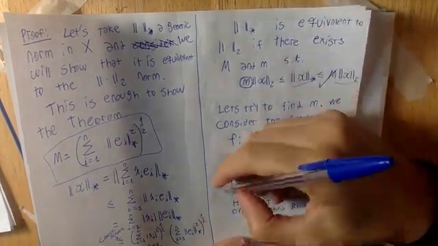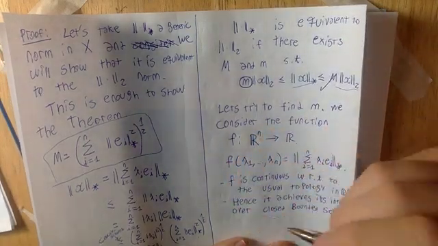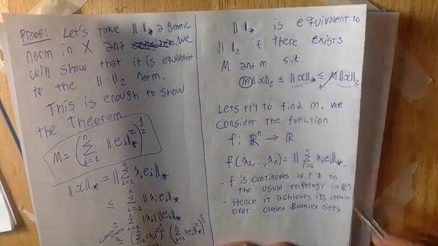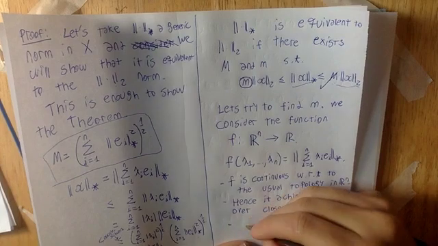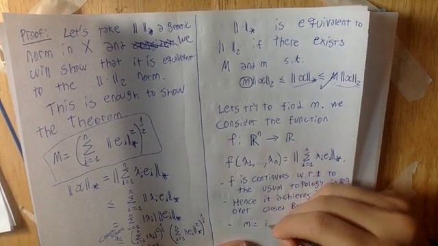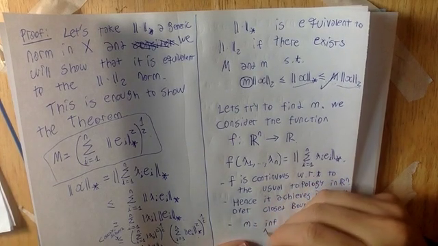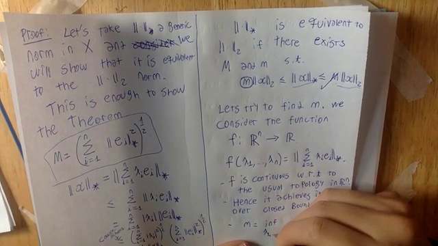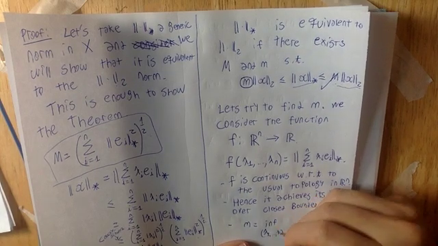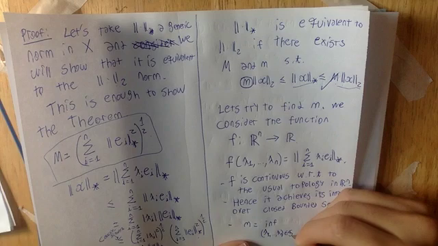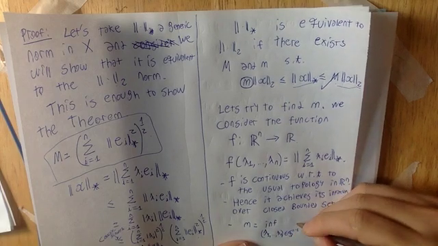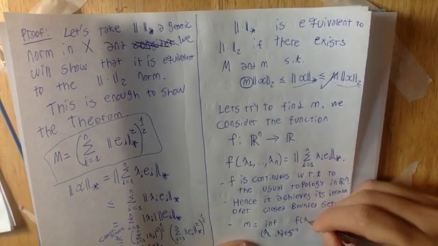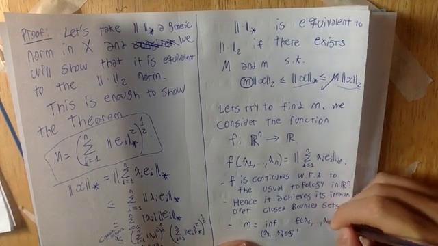So this is the first part, this is the second part, and then we use that it achieves its infimum. So we define little m to be the infimum of, let's say, lambda_1 through lambda_n in the unit sphere S^(n-1), of f of lambda_1 through lambda_n.